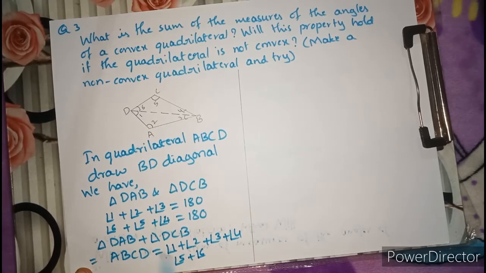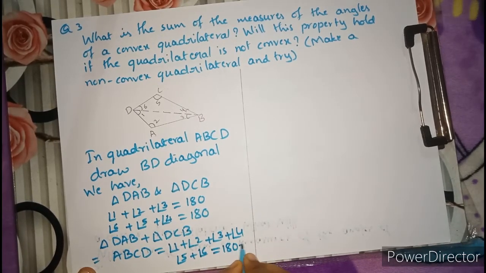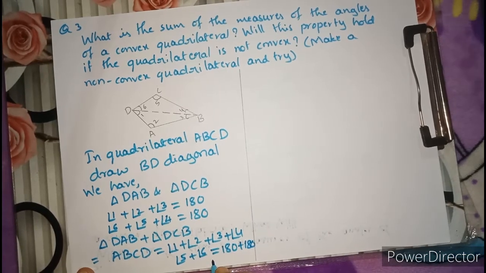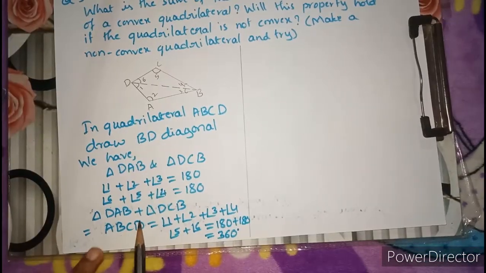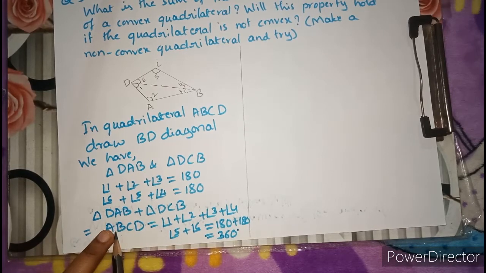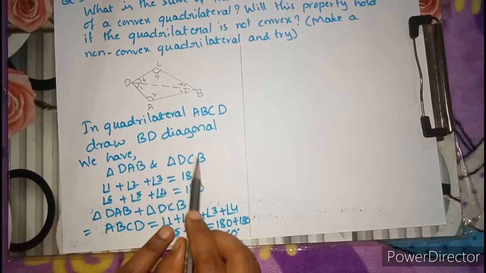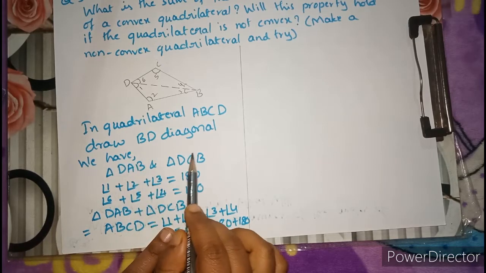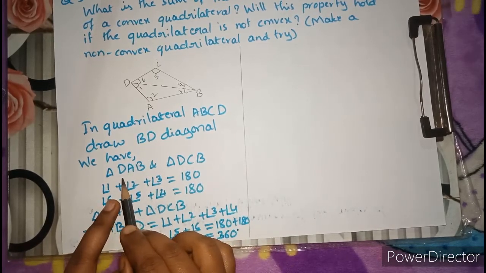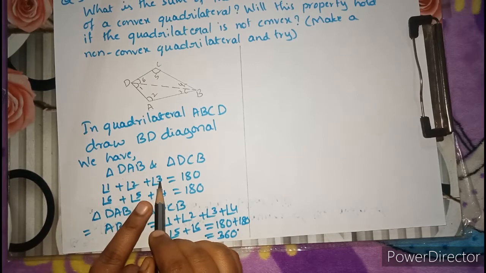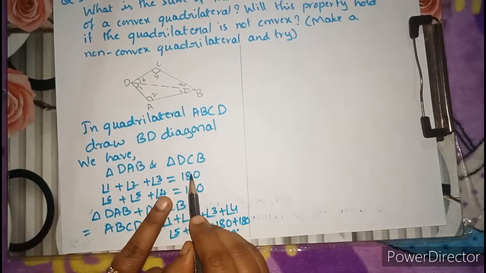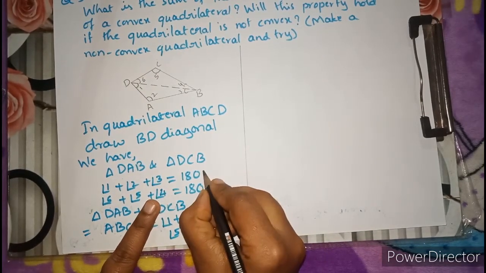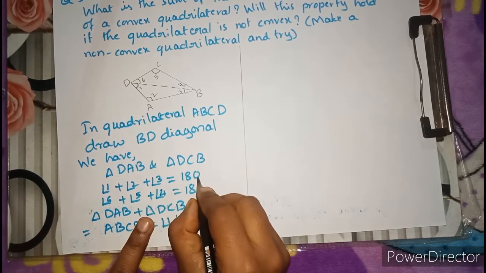The sum of all these is equal to 180 plus 180, which is 360. Angles of this quadrilateral ABCD equal angles of this triangle plus angles of this triangle. Angle 1 plus angle 2 plus angle 3 is equal to 180 degrees by the angle sum property of a triangle.